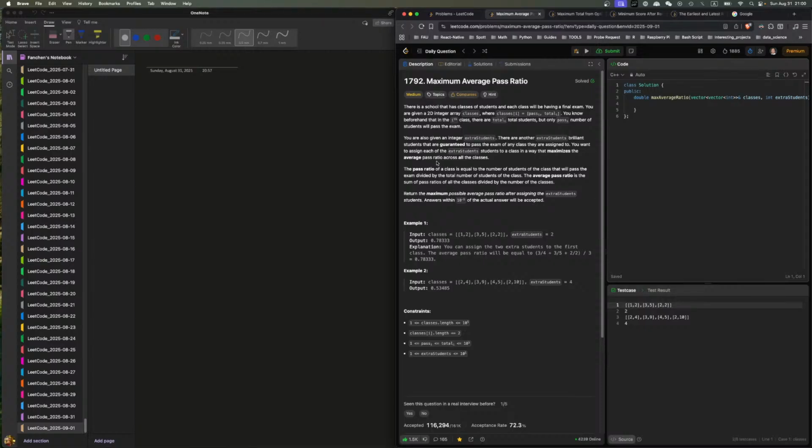You want to assign each of the extra students to a class in a way that maximizes the average pass ratio across all the classes. The pass ratio of a class is equal to the number of students that pass the exam divided by the total number of students of the class. The average pass ratio is the sum of the pass ratios of all the classes divided by the number of classes. Return the maximum possible average pass ratio.